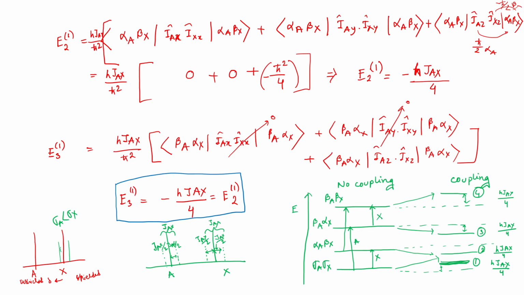The gap between the expected one and the new line was JAX by 2, and the gap between the two lines now is JAX, which is the coupling constant.